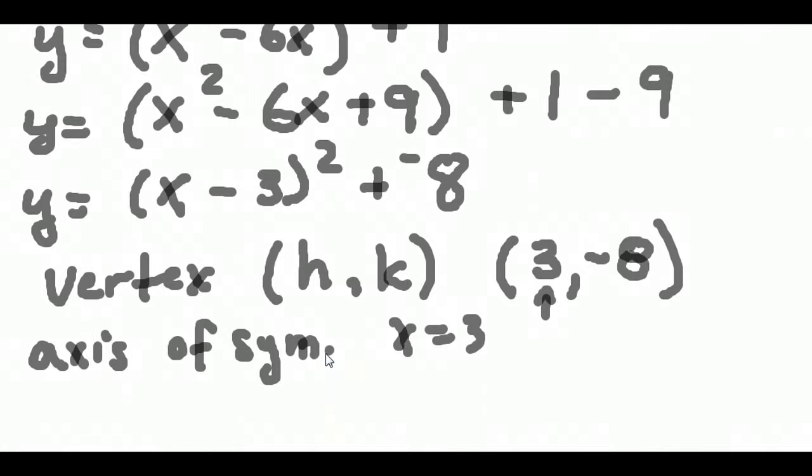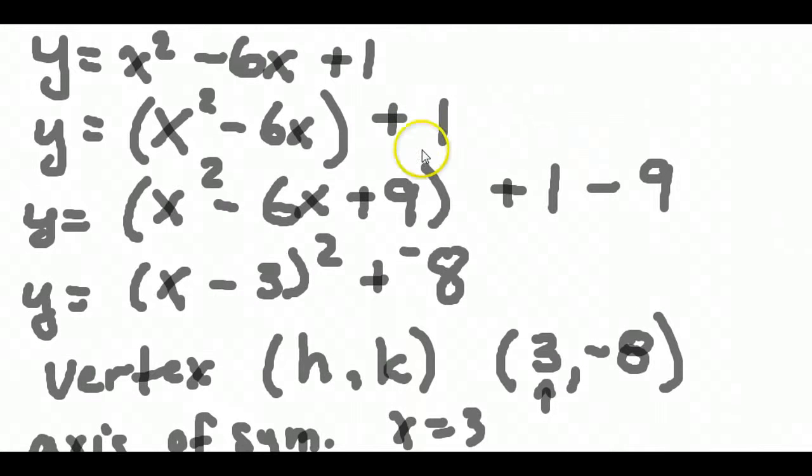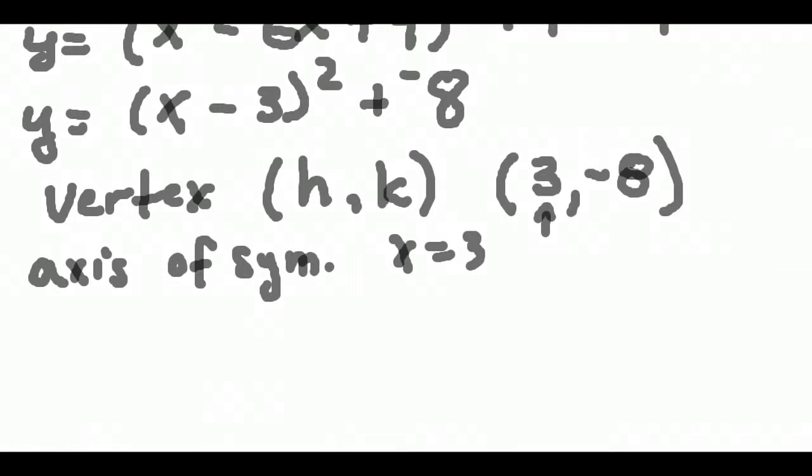And this is upward because when we looked at our original equation, x squared minus 6x plus 1, our a term is positive, so it's an upward opening graph. Nina, does that help? Yeah. Okay, good. So that was number 20.